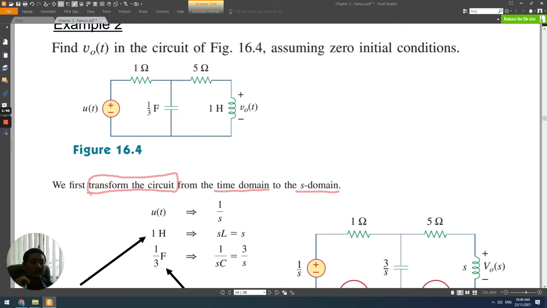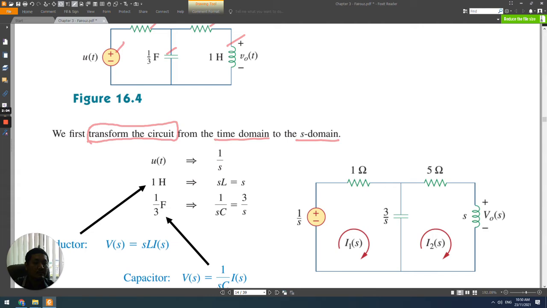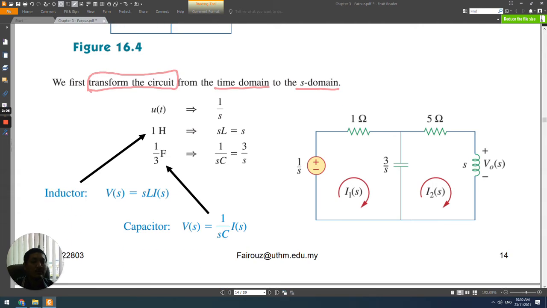Each component here, the voltage source, the resistor, the capacitor, and the inductor, must be transformed into S domain. So the circuit itself is to be transformed into S domain.